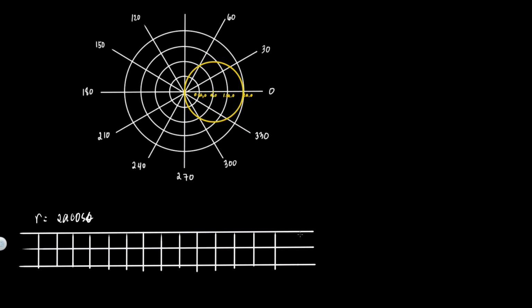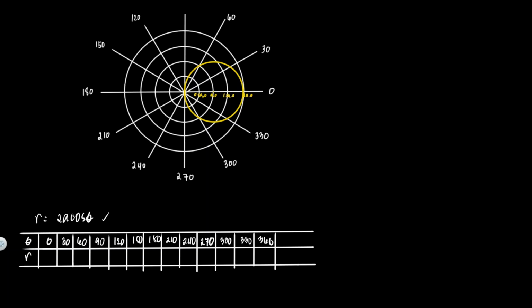Okay. So, paano to? So, ito yung theta natin, and this is r. So, when theta is 0, what is r? Okay, so substitute lang natin dito sa ating equation.